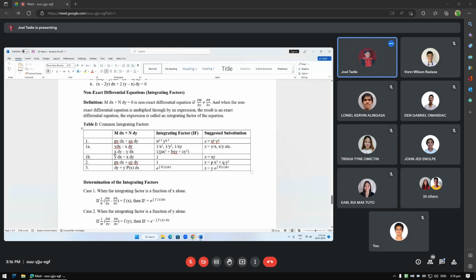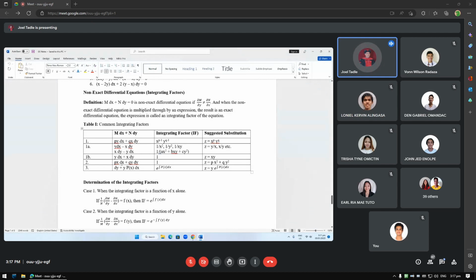But if the form is x dy minus y dx, our integrating factor is 1 over the quantity ax squared plus bxy plus cy squared. Then, if the form is y dx plus x dy, the integrating factor is simply equal to 1, unity. Then, px dx plus qy dy, the integrating factor is 1.